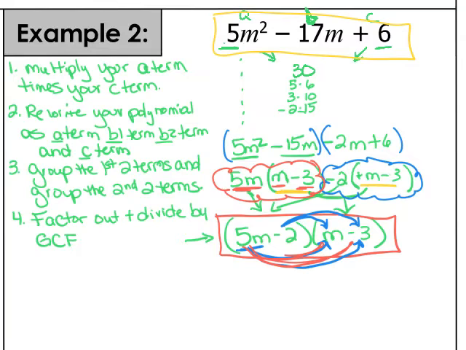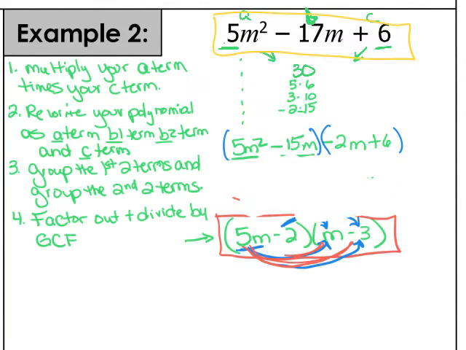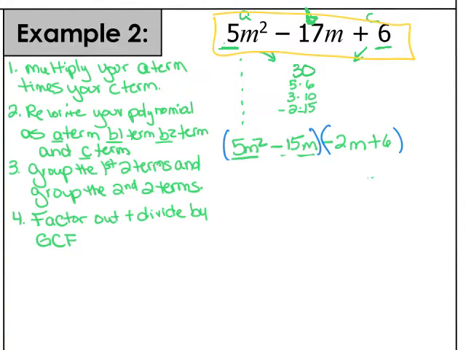When we did that, I think you guys followed along great to that point. We factored out and divided by a GCF. So we took the 5m, factored it out, and we divided each term by the GCF.